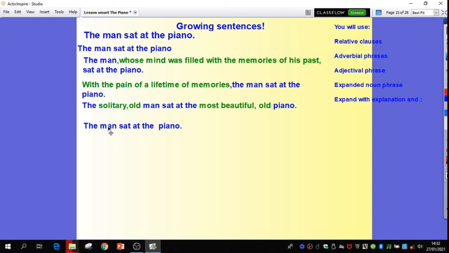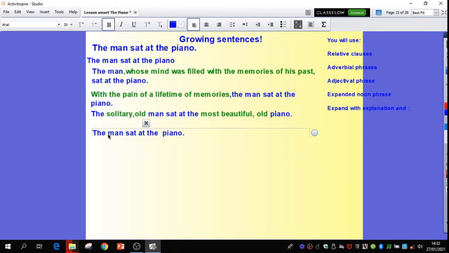So the man. With the man, literally you add adjectives to describe the man on the left hand side of the noun. So I can use these adjectives again. Solitary old man. Now this side of the noun, I don't add more adjectives, I add a prepositional phrase.